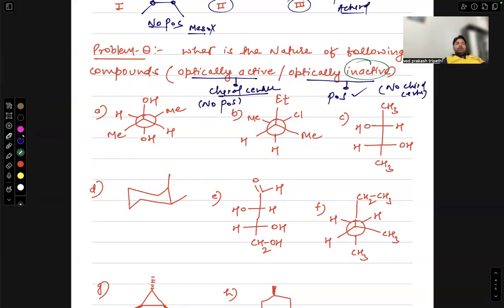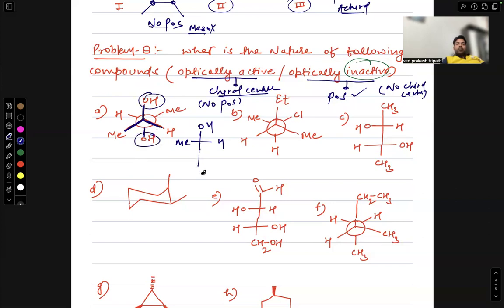Now look here, the black point. This is my front carbon. So I'm not going to change the positioning of the front carbon. So OH is up, hydrogen is right, methyl in the left. That's fine. Now you can see this rear carbon, these two OH are on the opposite axis.